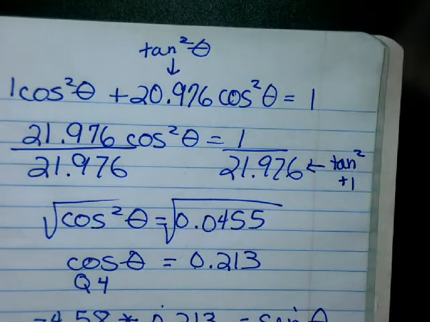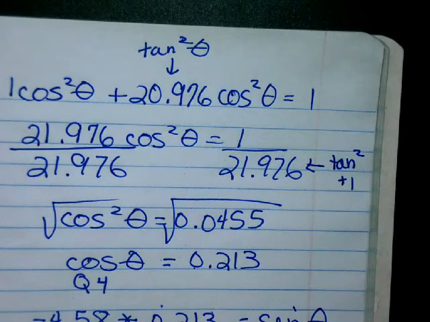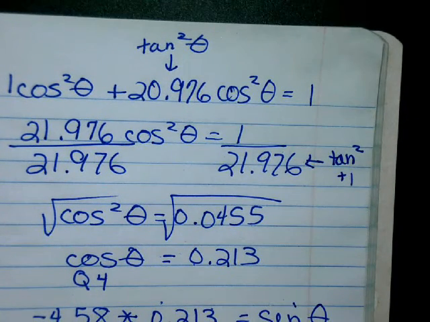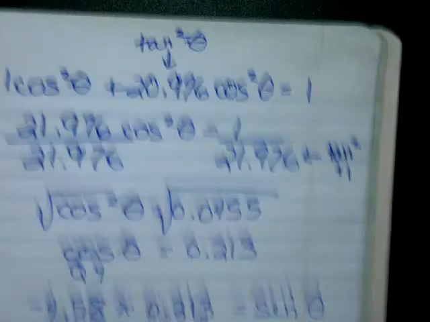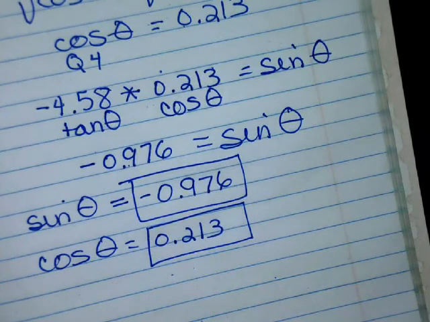And then you take the reciprocal of it, take the square root of it, and you've got your cosine number. So you can kind of take little shortcuts if you notice a pattern. But yeah, you don't want to compromise your integrity and get the answers a different way when they ask you to use those Pythagorean identities.